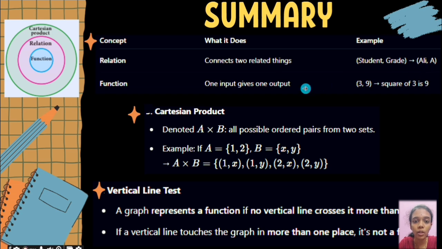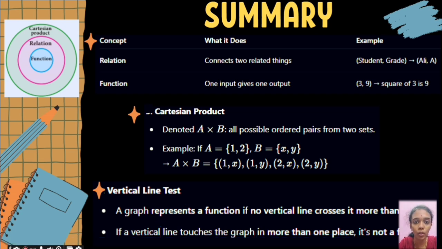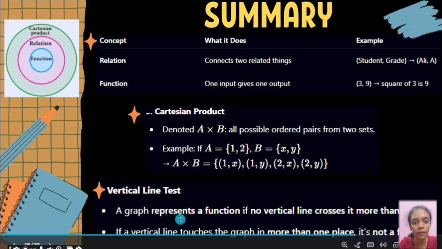And we focused on functions where every input has exactly one output. We also learned a really cool trick to check whether a graph is a function or not using the vertical line test. If no vertical line touches the graph more than once, it is a function.